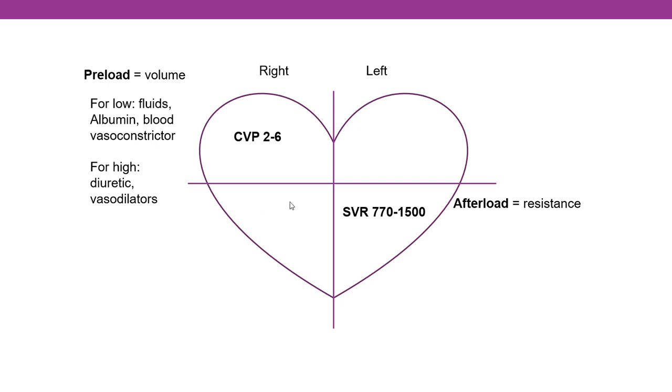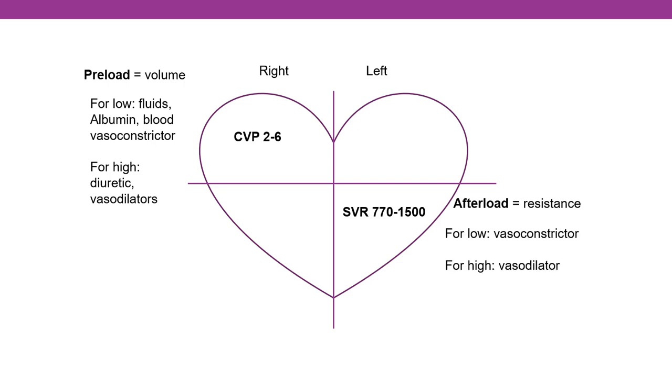We did talk about PVR, pulmonary vascular resistance, in congenital heart defects, because that can pose a problem for that. But I'm going to shorten this up. We are only going to focus on SVR. Normal SVR is 770 to 1500.